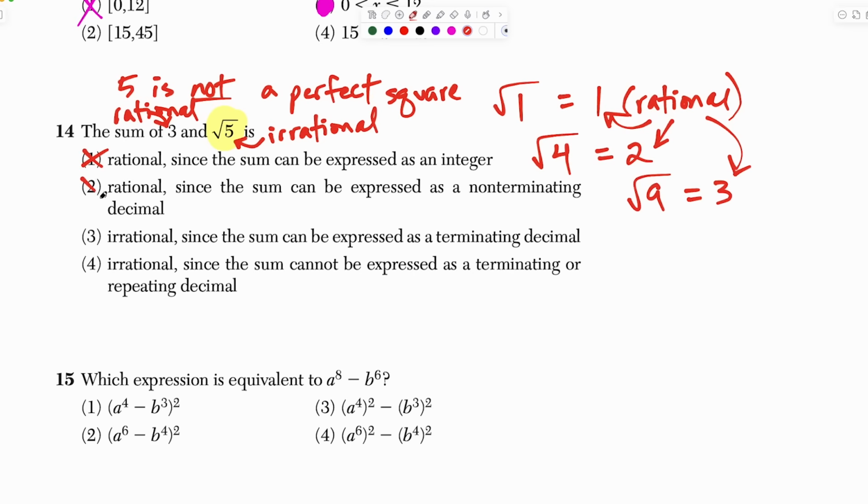So right away, these two choices are out. And then we have these remaining answer choices. Irrational, since the sum can be expressed as a terminating decimal. Well, that would mean the number is rational, not irrational. So that reason is not correct. So right away, 4 has to be our answer: the sum is irrational since the sum cannot be expressed as a terminating or repeating decimal.